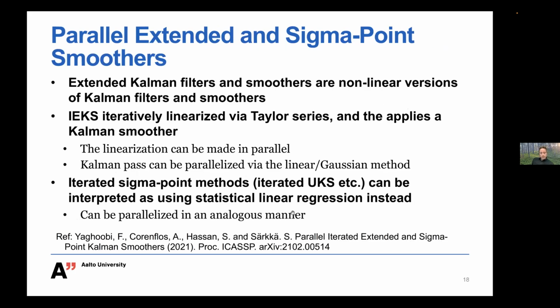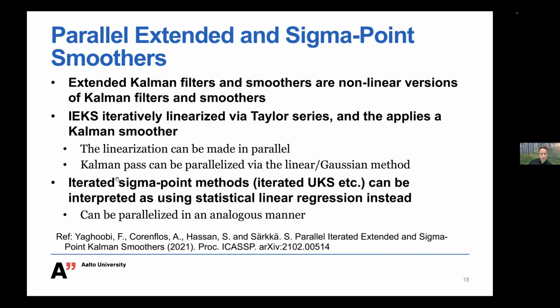And well, there is some recent work from ours for extensions to nonlinear cases. So we can also extend to extended Kalman filters, which are Taylor series-based filters and smoothers. Because you have a slight challenge with the linearization, you can actually implement only smoothers, and especially the iterated extended Kalman smoother can be used.